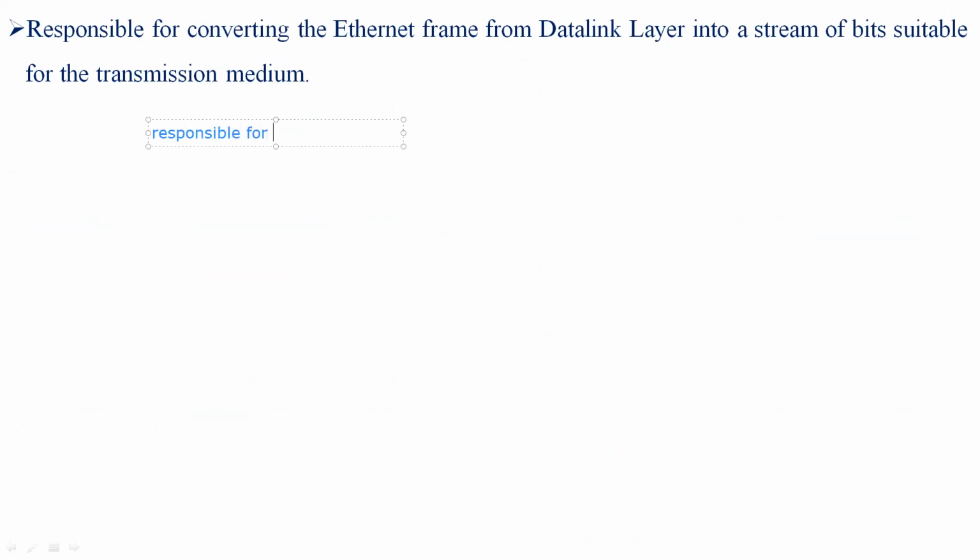It is eventually responsible for carrying the individual bits in a frame. As the physical layer is responsible for converting the Ethernet frame from the data link layer into a stream of bits suitable for the transmission media, it is eventually responsible for carrying the individual bits in a frame.